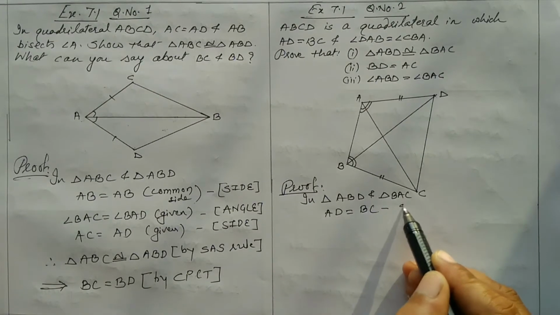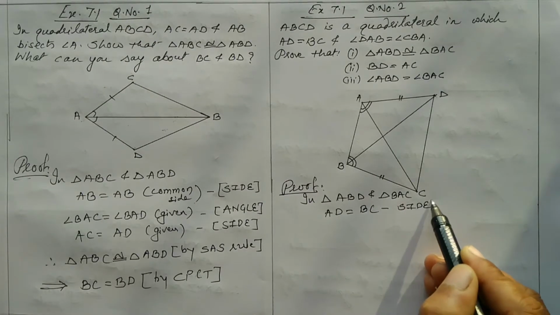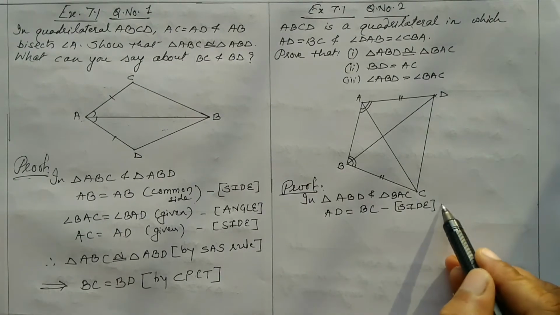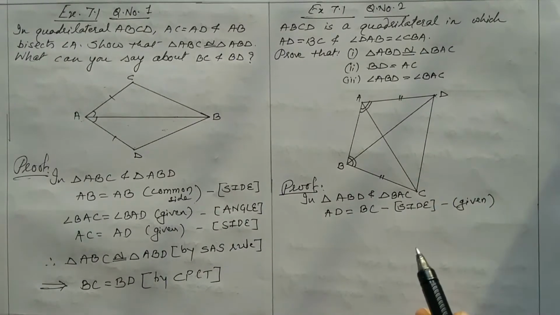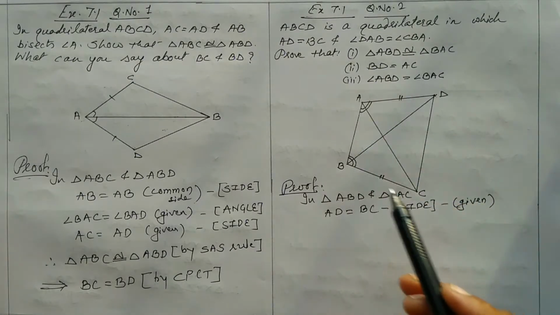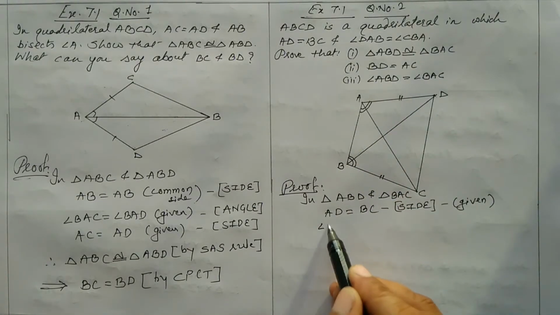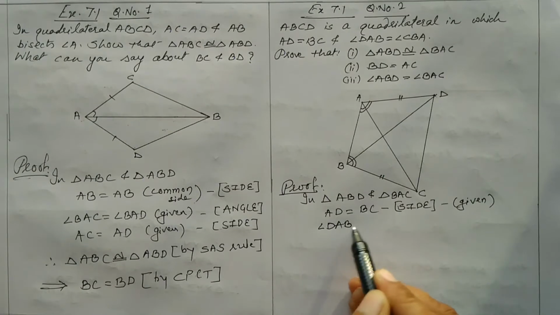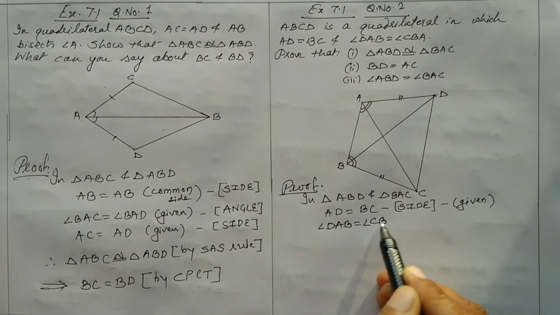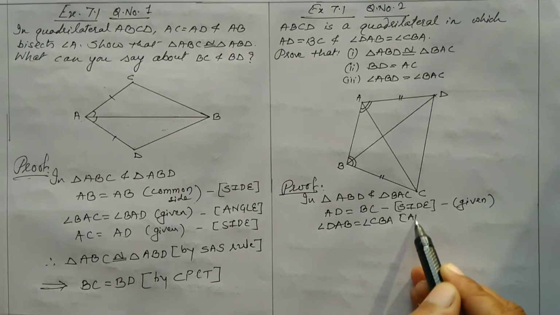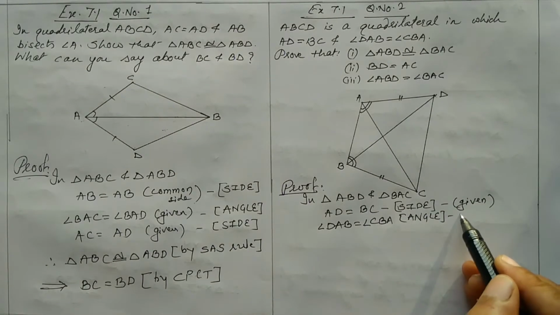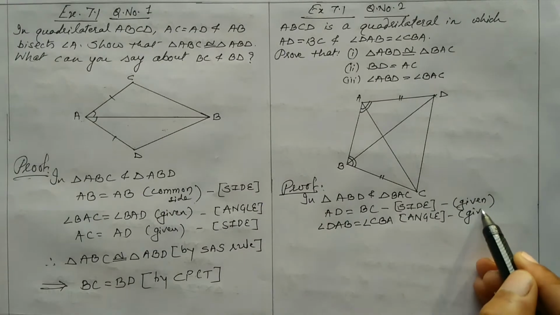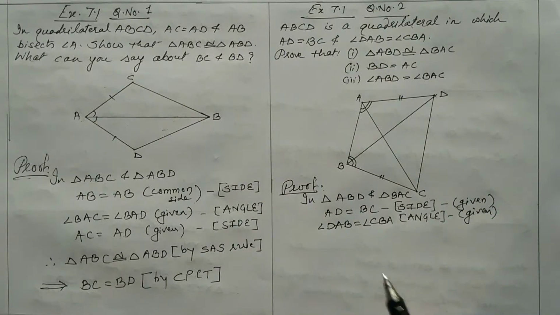This is one pair of corresponding sides. It is not necessary to write, but for your understanding I am writing, it is given. Then angle DAB is equal to angle CBA. This is one pair of corresponding angles, and this is also given to us. You can refer to the question, it is given.